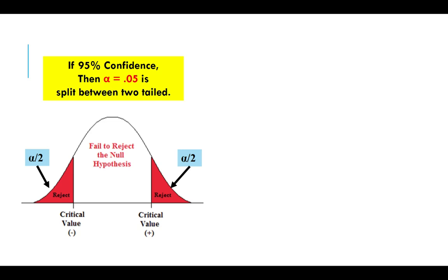Alpha is always kind of the balance between my confidence level and 100. So if I want to be 95% confident, then my alpha is really 5%, but we write it in the decimal form. So half of my alpha is going to be in the left tail and half of my alpha is going to be in the right tail if I'm looking at a two-tailed test.